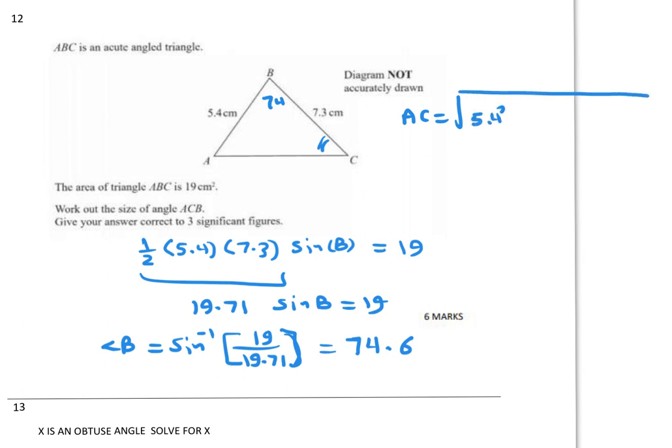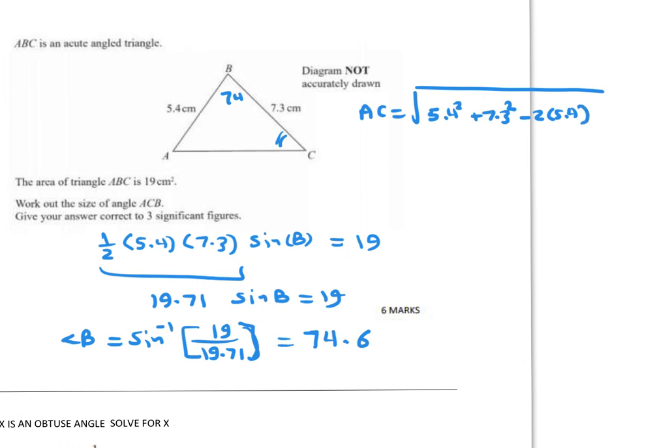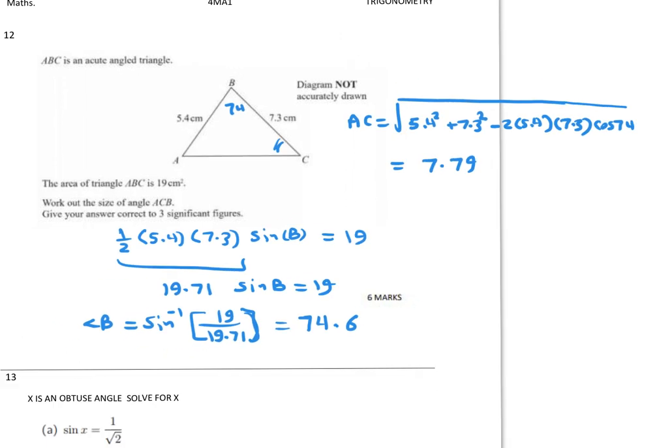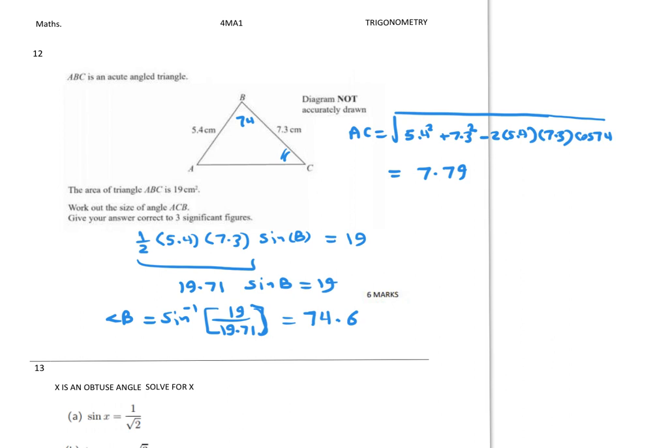AC equals the square root of 5.4 squared plus 7.3 squared minus 2 times 5.4 times 7.3 cosine 74. So AC to three significant figures is 7.79.